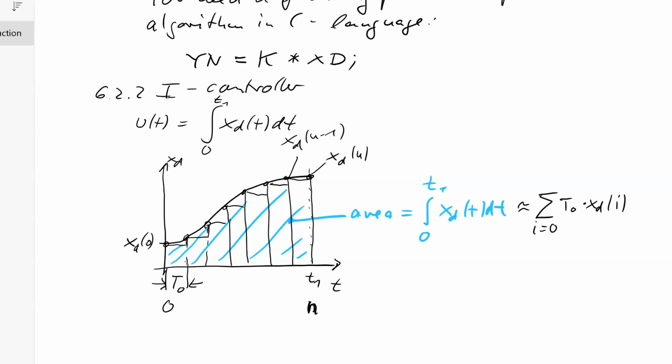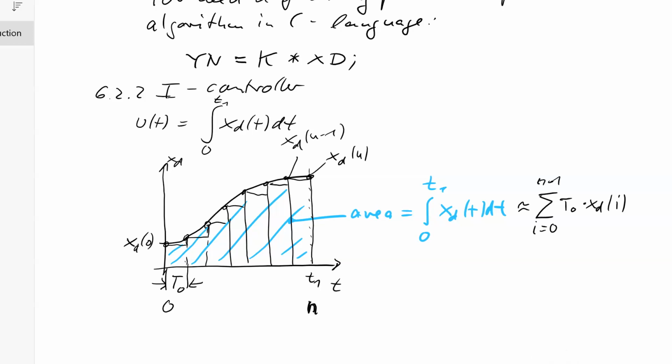So the i equals 0 value gives the area of the first rectangle. And now you see I can do two versions. I can stop with the approximation of the area with this xd of n minus 1 value. Then the last rectangle is this. So we can say, until i is n minus 1.